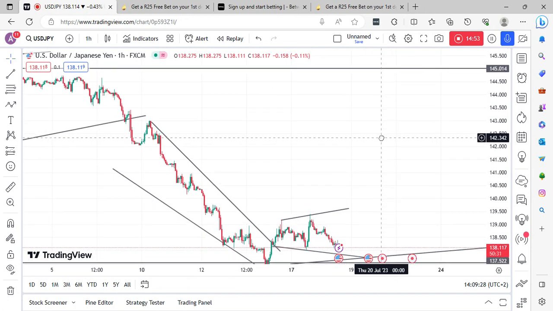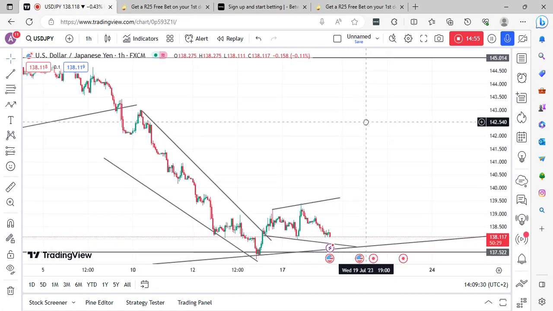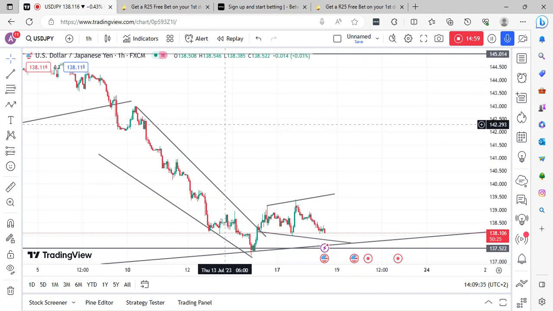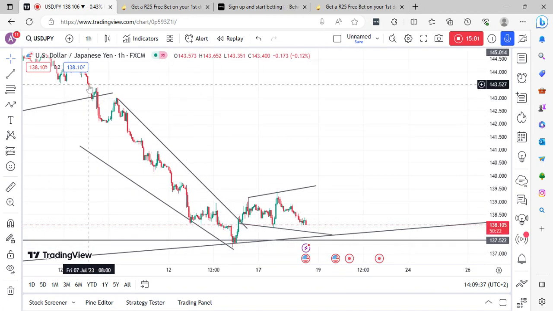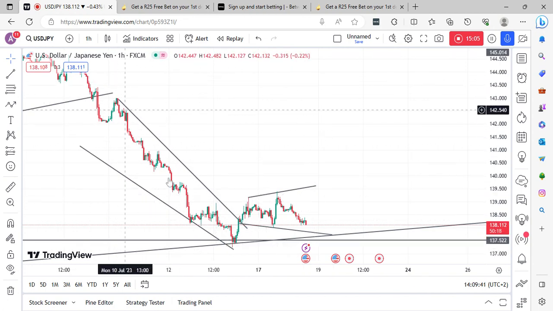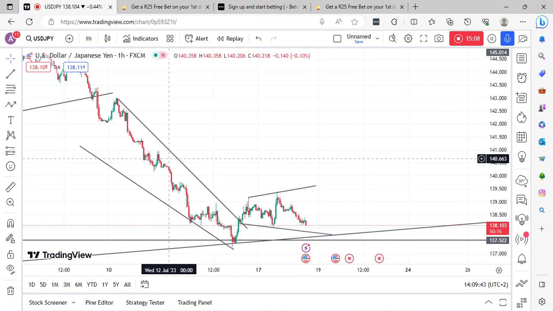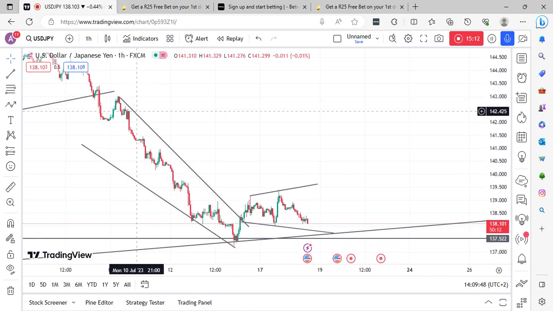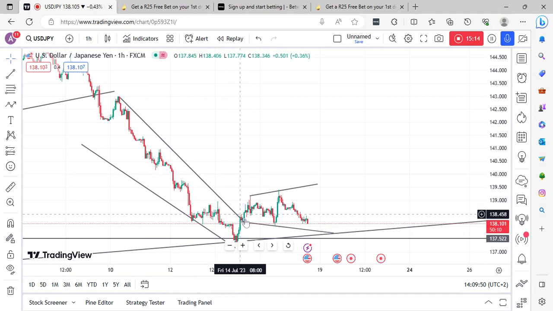You do it over and over and over again. You mark your important highs, you mark your lowest lows, and then you check your trend lines. You check if the market has broken a specific structure or it's still moving in the other direction. So immediately it breaks a trend, you take your buys.